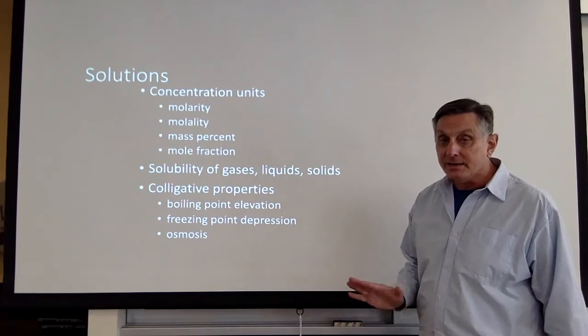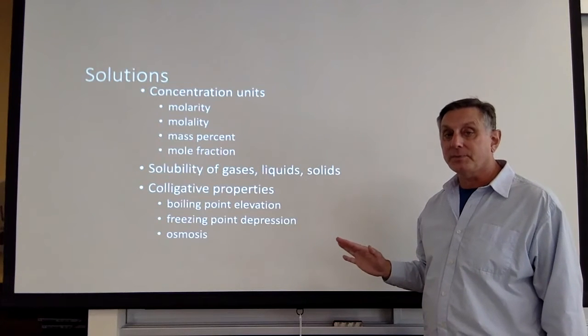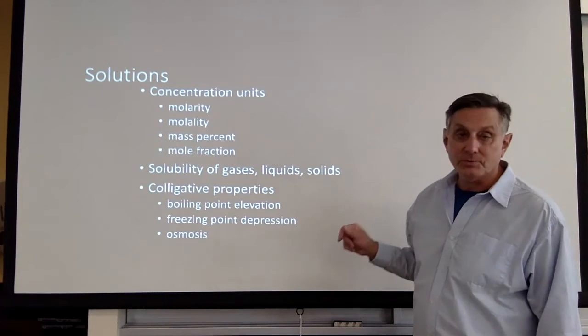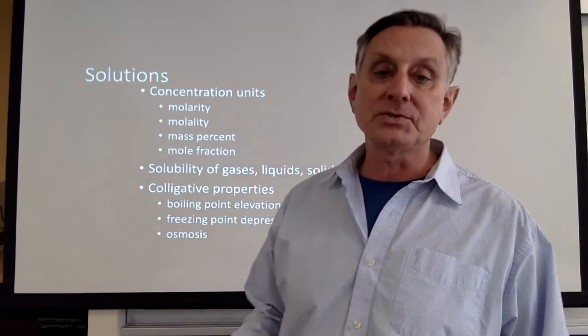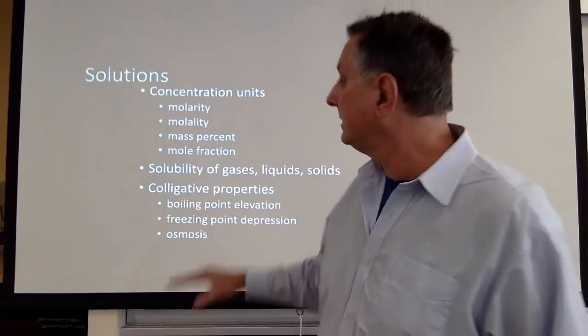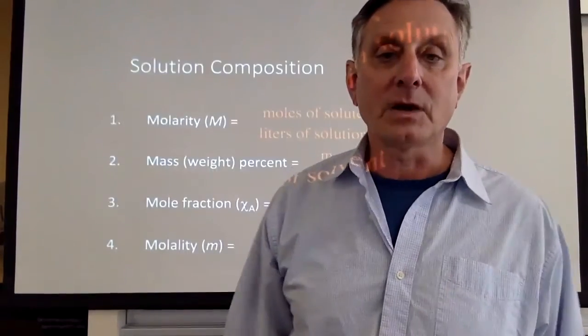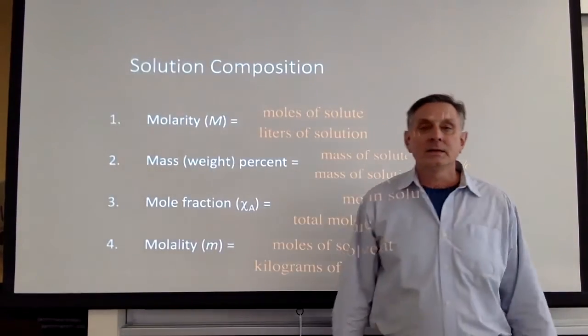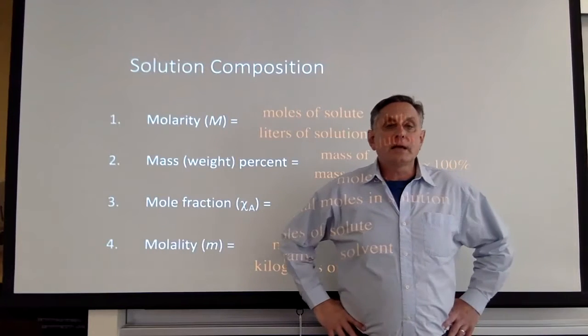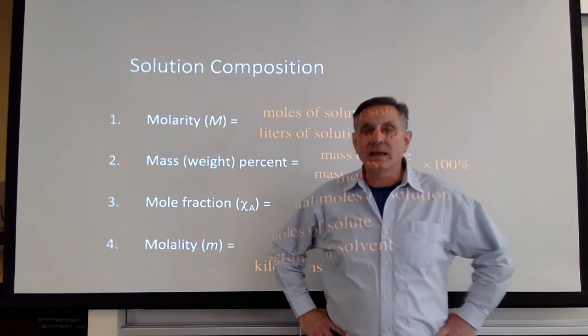So on Friday, we'll be done with most of the topics from chapter 13. Maybe not all, but we'll be pretty close. So the goal for today is to get through here. All right. There are 4 concentration units that you'll have to know.